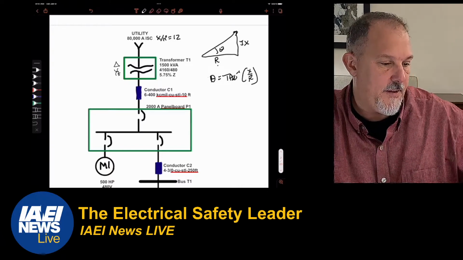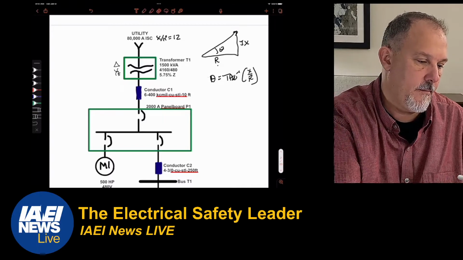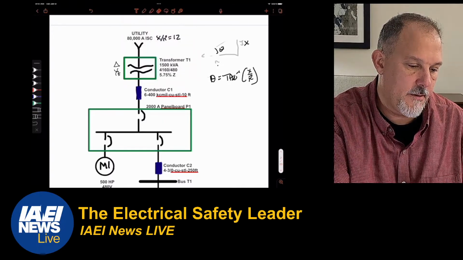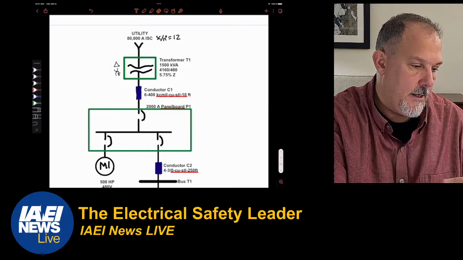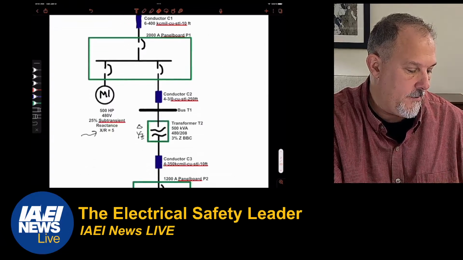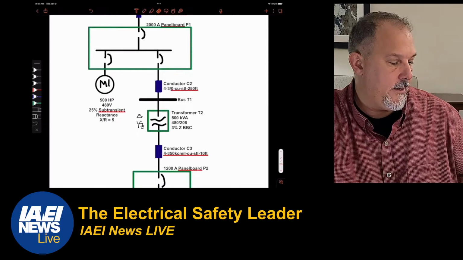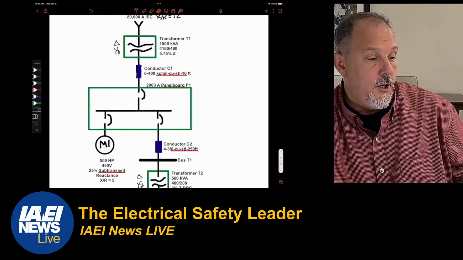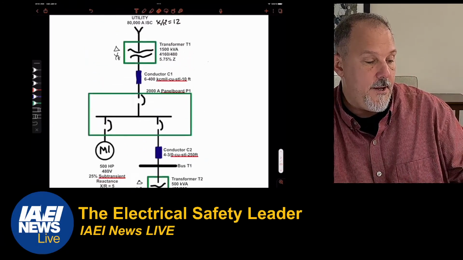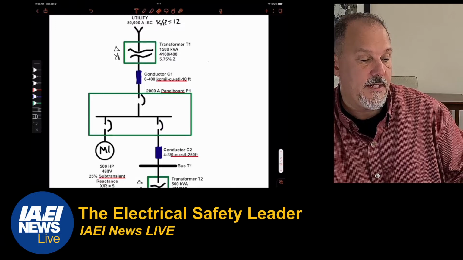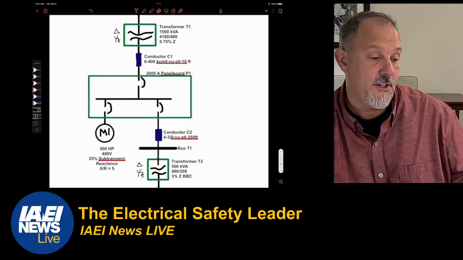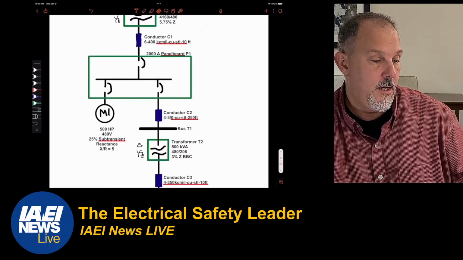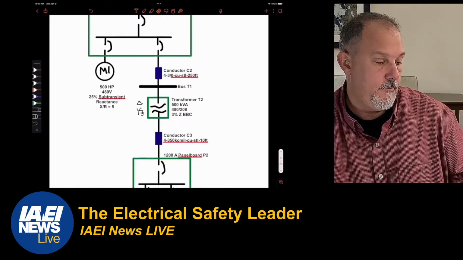Let's get rid of this. Try to keep it clean. I do need the X to R ratio. All right, so we have a conductor C1, 400 kcmil copper in steel conduit raceway, 10 foot. We have a 2,000 amp panel board.